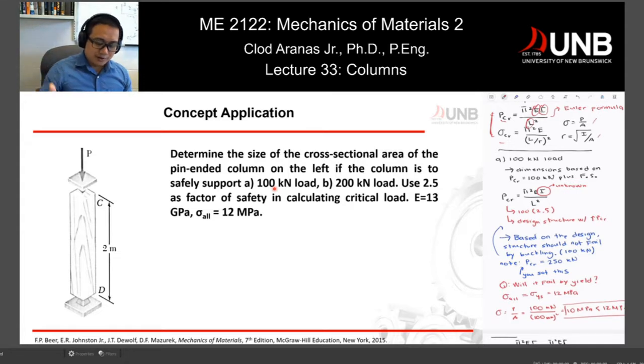When you think about the critical load, if you look at your equation, the unknown to you, because you're looking for a dimension of your part, is I, and your PCR is defined by your problem, which initially is 100 kilonewtons, but eventually you have to apply a factor of safety of 2.5.